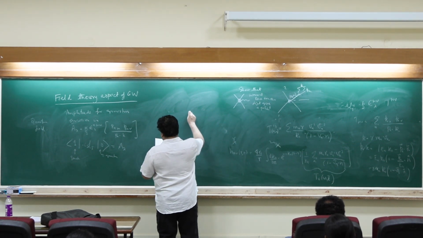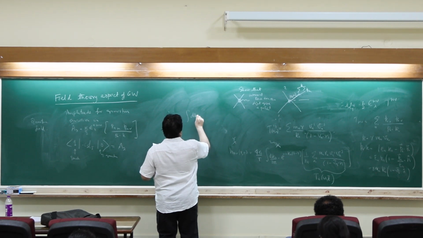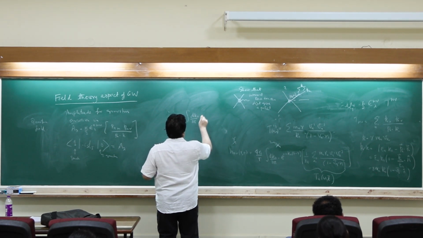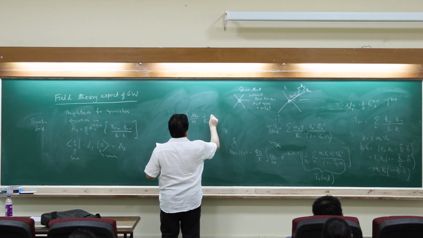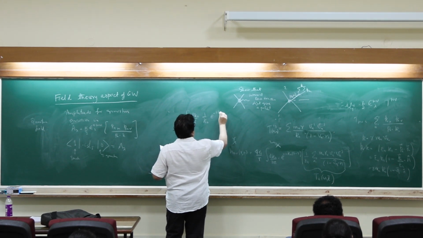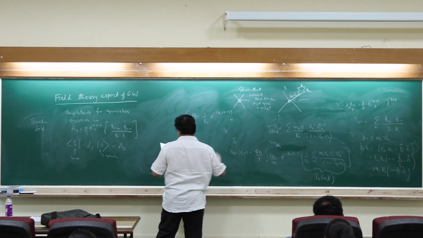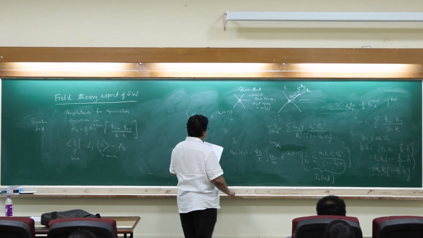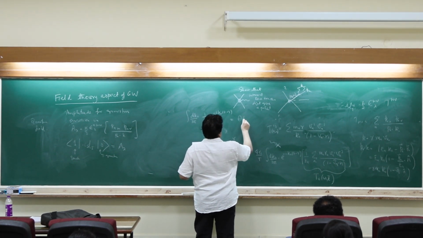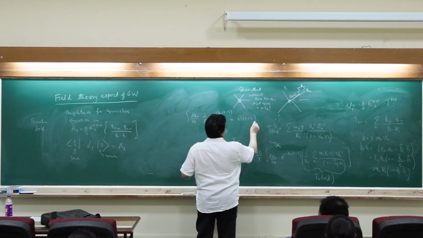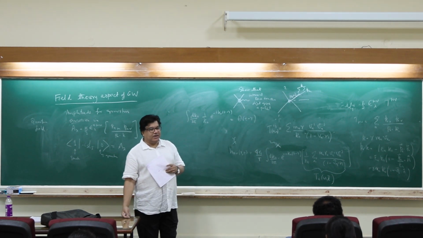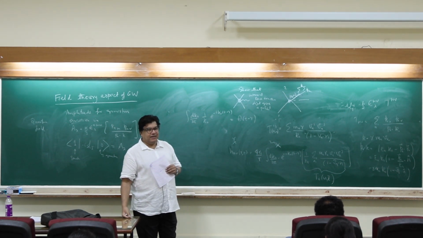The Fourier transform dk naught upon 2 pi, if there is no other k naught factor, is just the theta function of the retarded time. Okay.